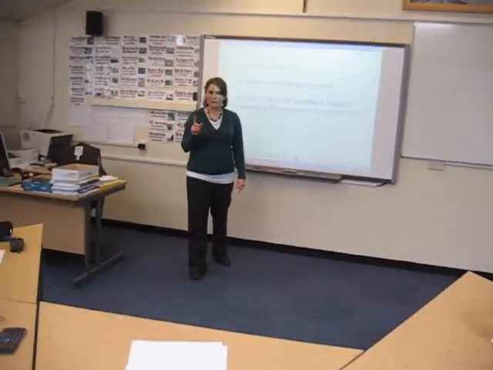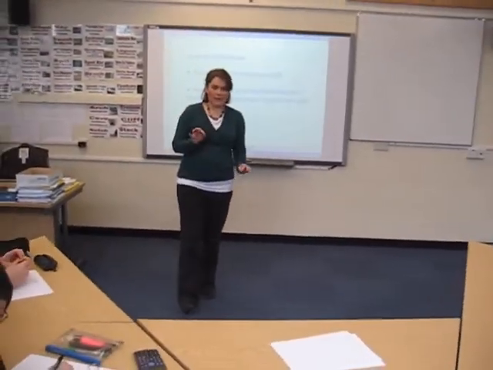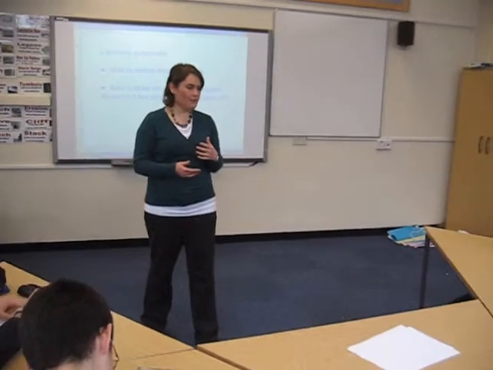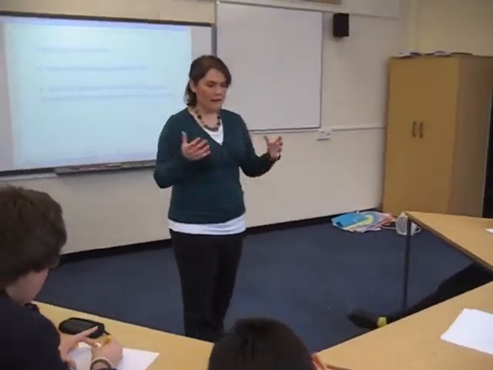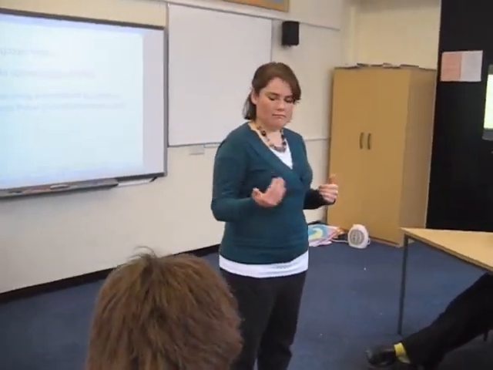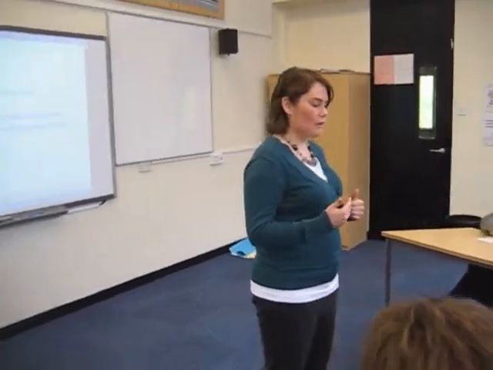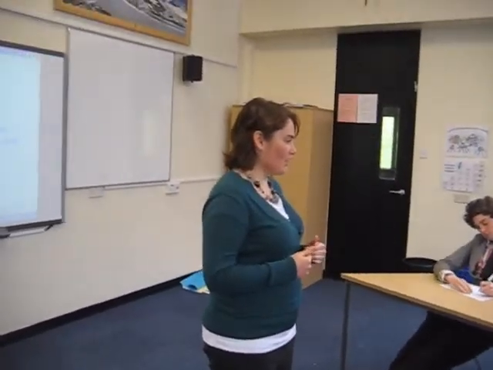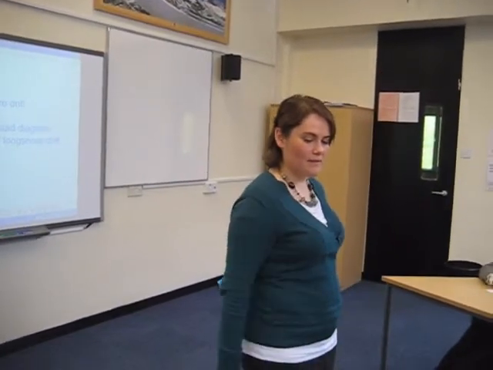I just want you to finish off by adding anything different that you just picked up from that diagram and us talking through that as kind of team teaching there, supplementing your knowledge.